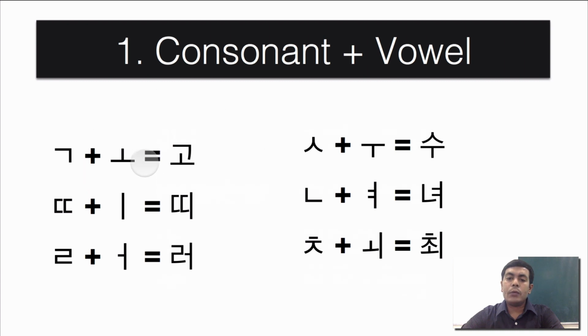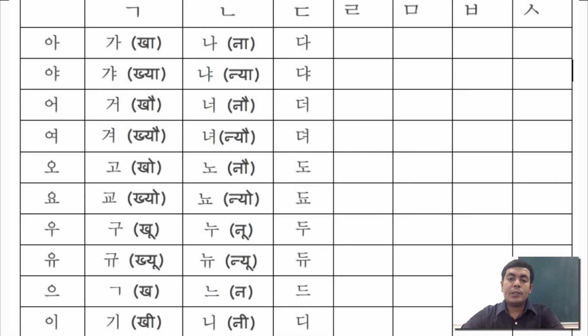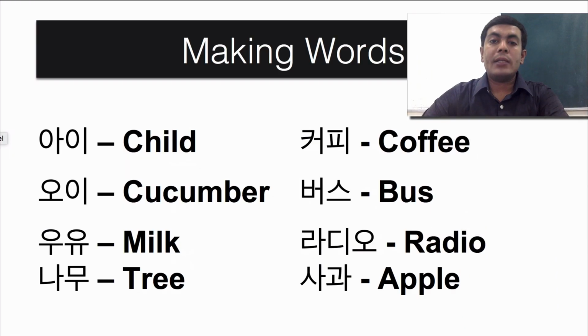So you can figure out how this thing is working. And to practice this more at home, you can just make a chart like this. You can put all the vowels on the left side and all the consonants on the top, and then you can make combinations of these two.